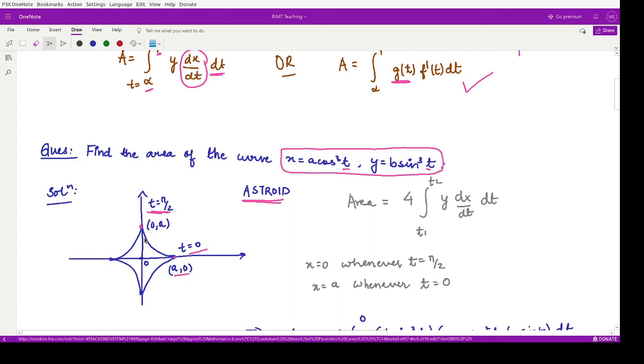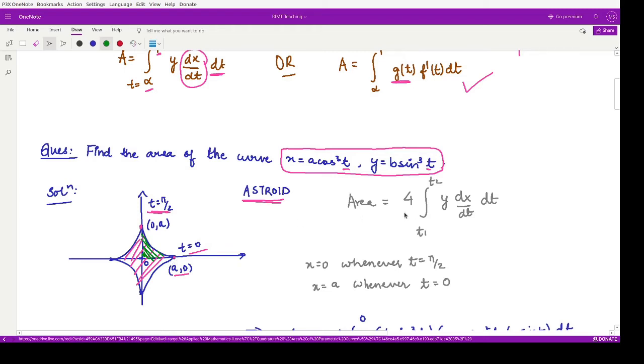So what would be this total area? You can see, due to symmetry, we can only calculate the area of this portion, the green shaded region, and we can multiply that by 4. That will give you the complete area for this particular curve.